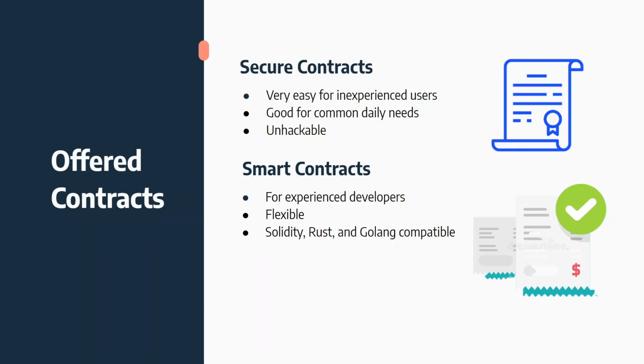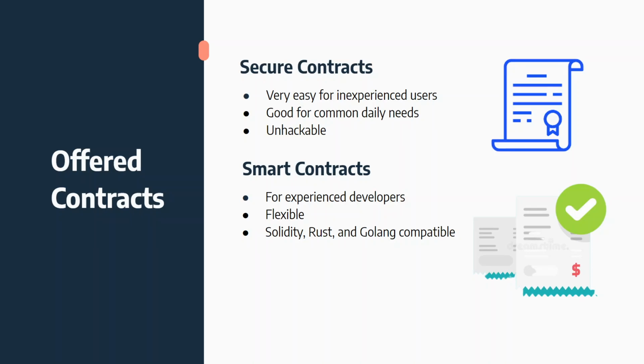The good thing about secure contracts is that they're very easy for inexperienced users to use for common daily needs, and they're virtually unhackable, as they are very well tested by the community.